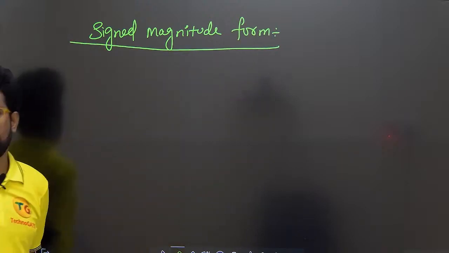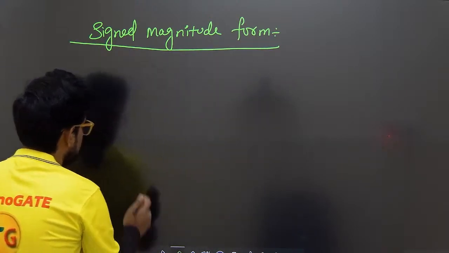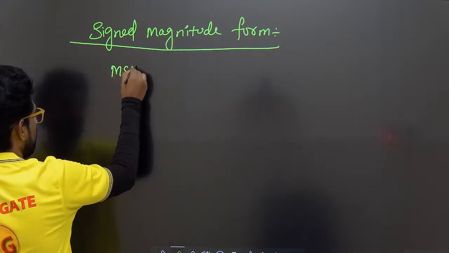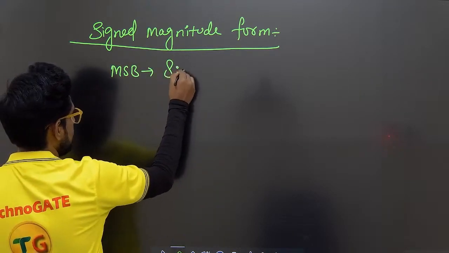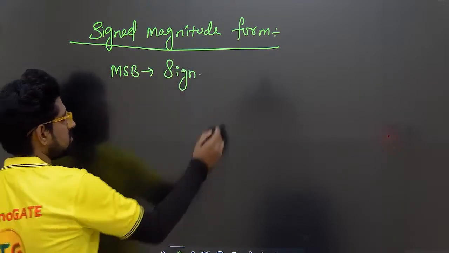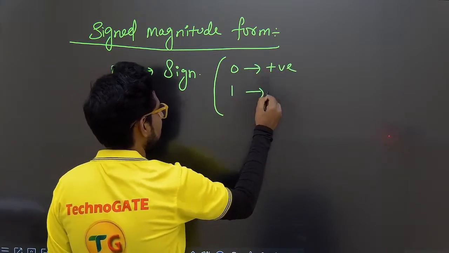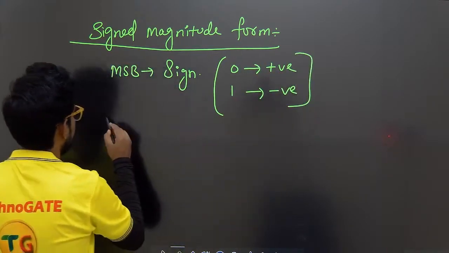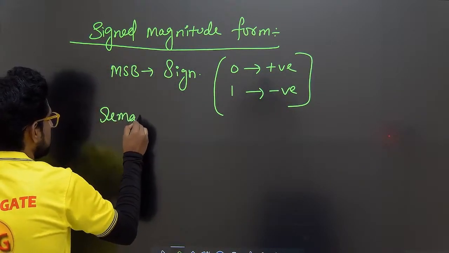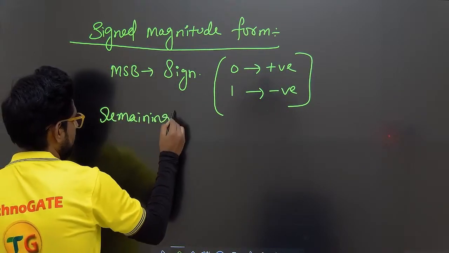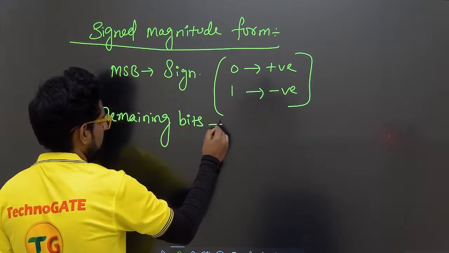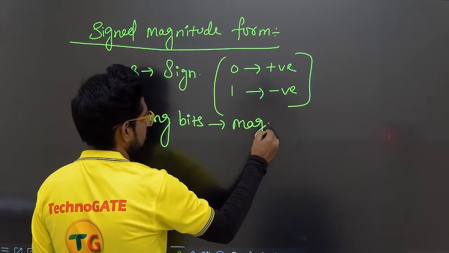Here the MSB represents the sign, meaning 0 for positive and 1 for negative, and the remaining bits represent the magnitude.